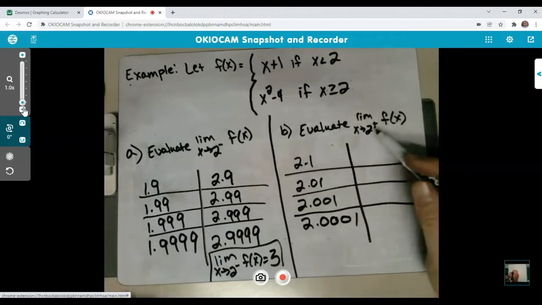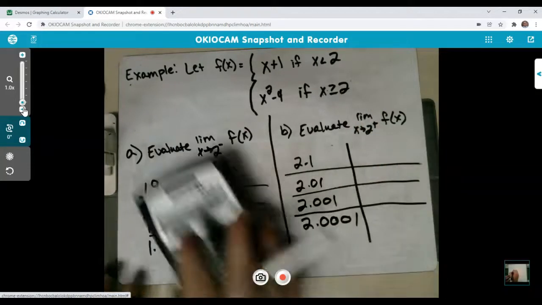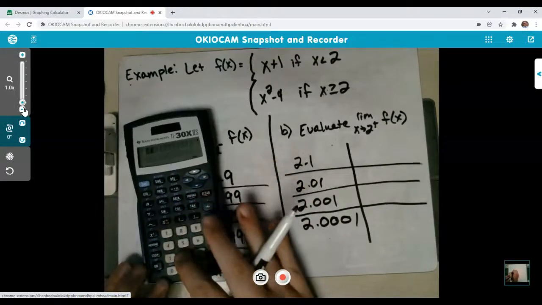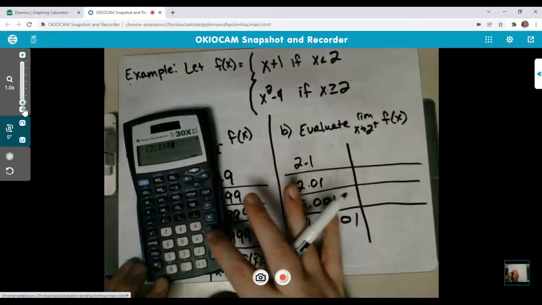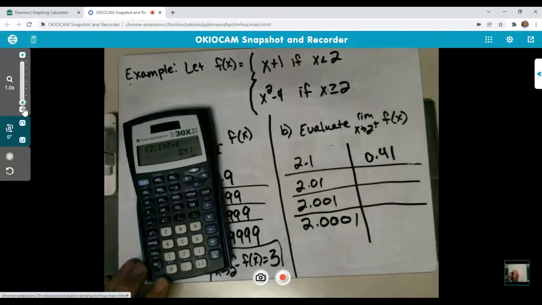Now, since it's from the right side, I'm going to use the bottom one. So plug those in. This one I will need a calculator for. So 2.1 squared minus 4 gives you 0.41.